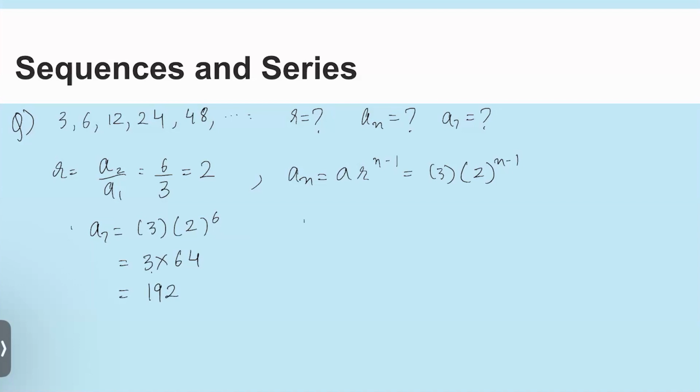Suppose you are also asked to find your a12. a12 would then have 3 into 2 raised to 12 minus 1, which is 11. Your 2 raised to 11 is 2048. So then this will become 6144. Okay, easy. So you can find it out.